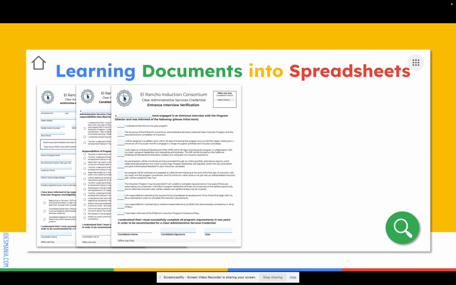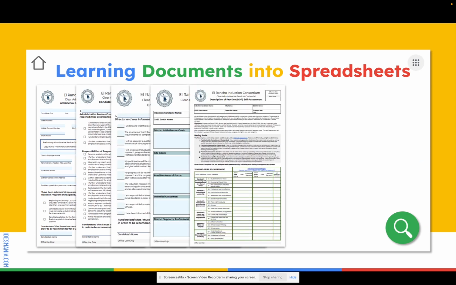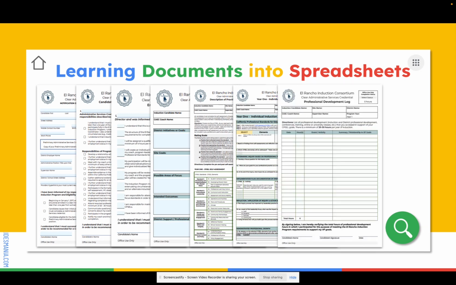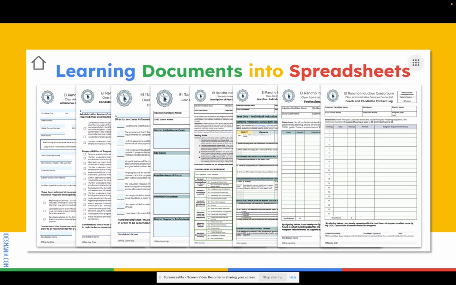So really, the first step in all of this is to create that learning environment for the LMS, the learning management system, by taking the documents that you usually have in PDF or Word format, putting them into sheet format, and then putting all of those in one single Google Sheet workbook.